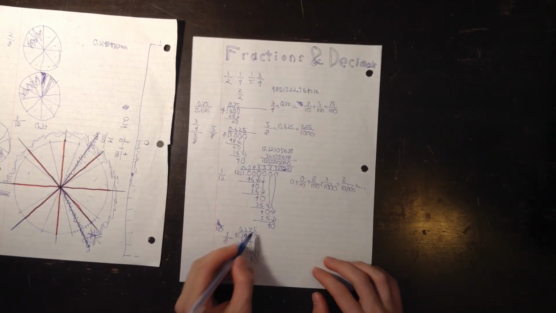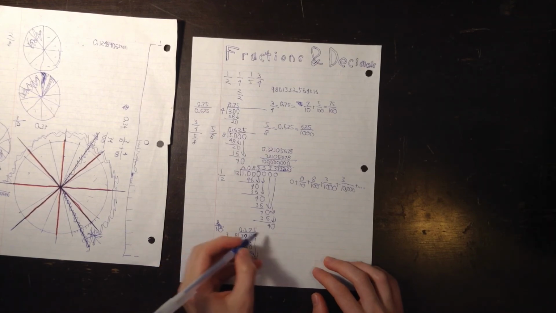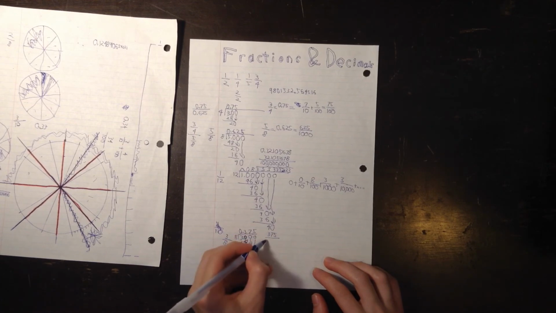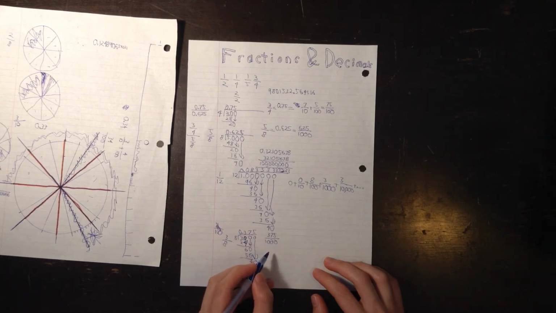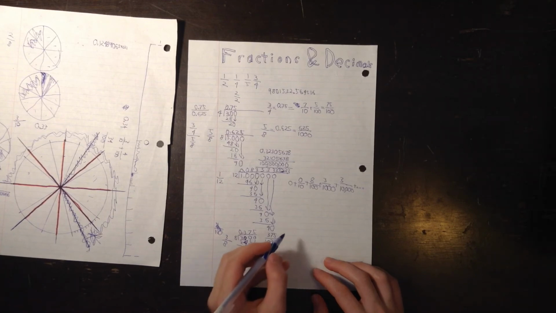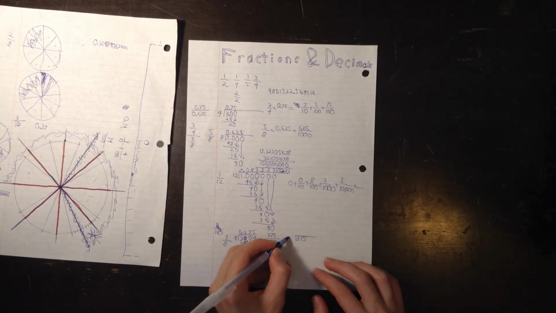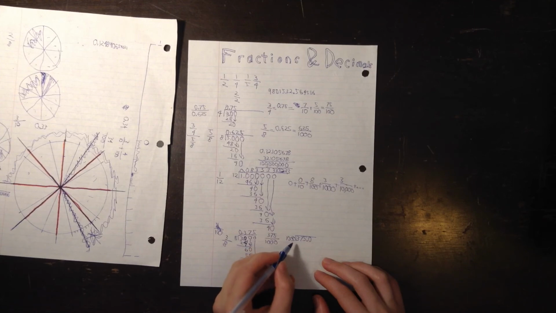And 0.375, we could take that, and that is 375 thousandths. And then we could take this again, just to show what I mean. 375 thousandths, 375 divided by 1,000. 1,000 goes into 3,750 3 times.